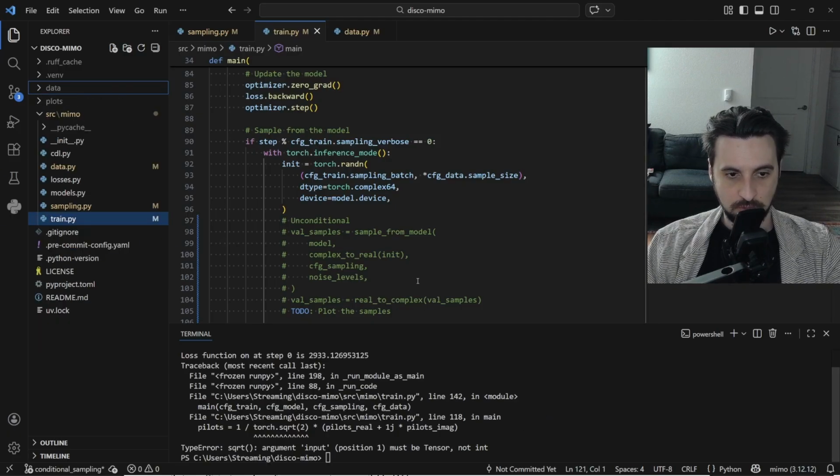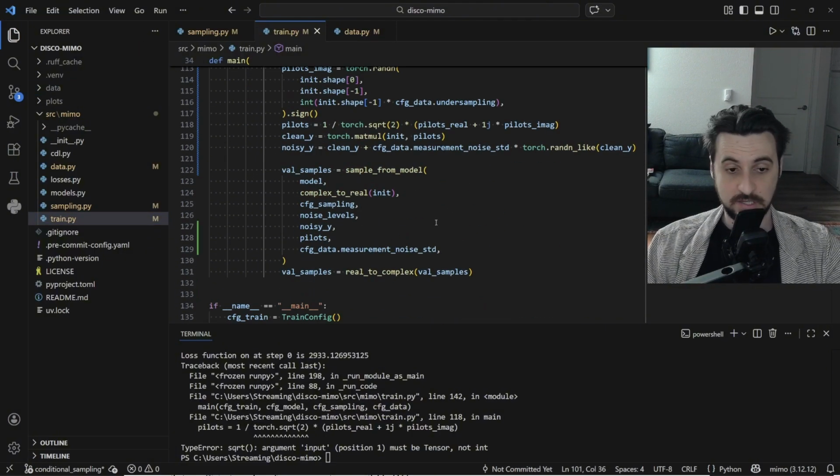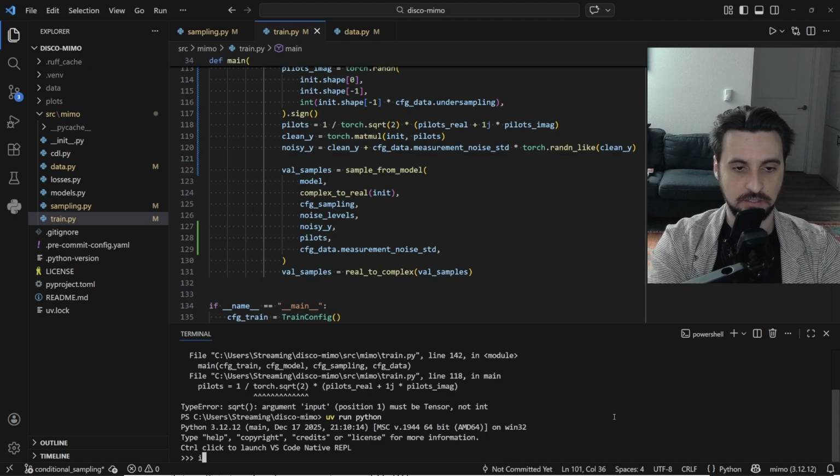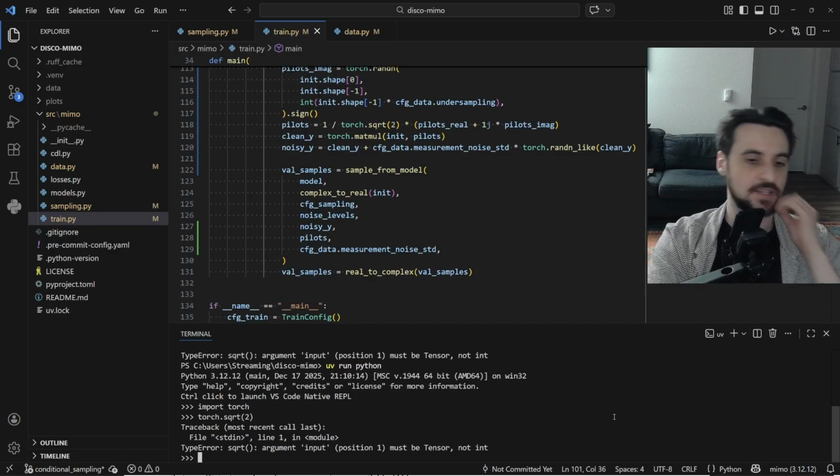input must be position 1. Also, I can't even do torch square root of 2? Is this how bad PyTorch is these days? Really? Yeah, I guess I can't. Well, this is pretty annoying.